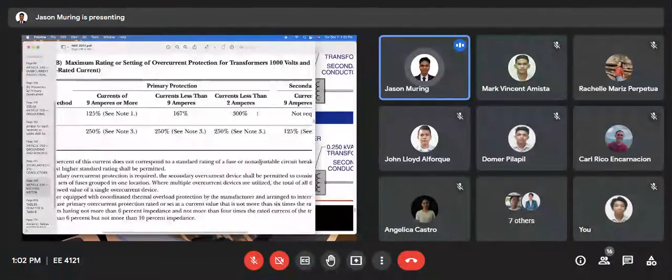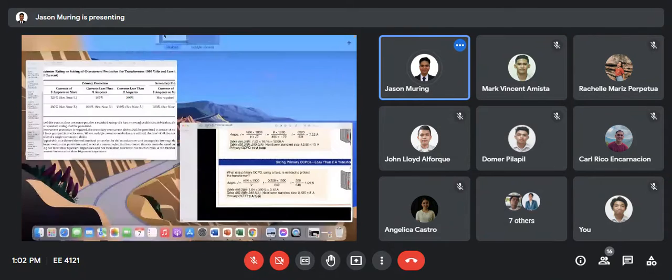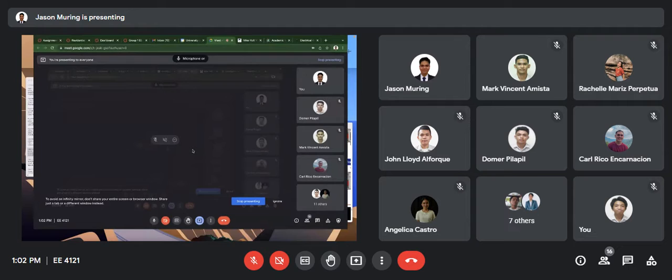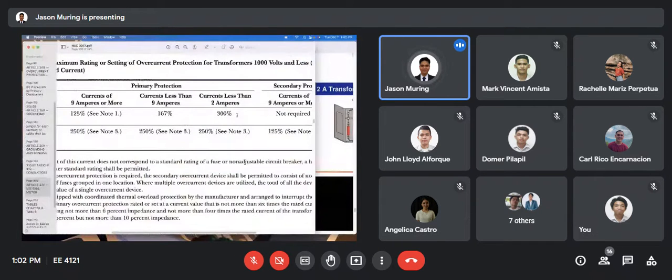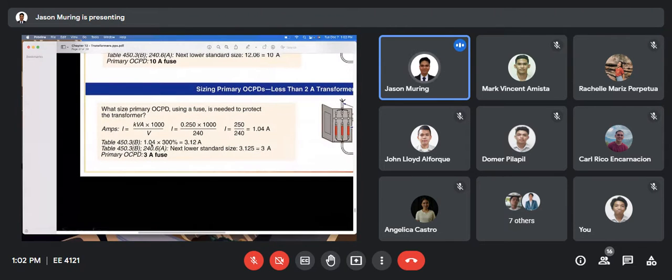So 300%, then again there's no note here, no. So therefore we go next lower. Okay, so 1.04 times 300% is 3.12, 10.